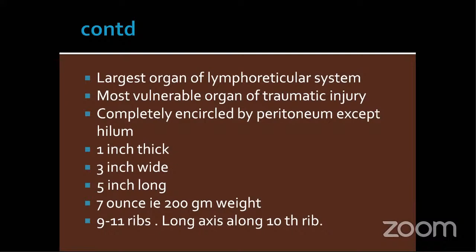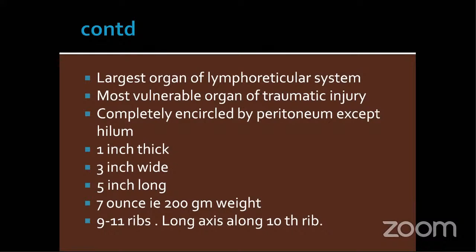Usually they are associated with left-sided rib fractures, left hemothorax or pneumothorax, and there are usually multiple coexisting injuries if the spleen is damaged. It is the most common organ to get traumatized in road traffic accidents or other injuries. In blunt injury abdomen, the most vulnerable organ is the spleen.